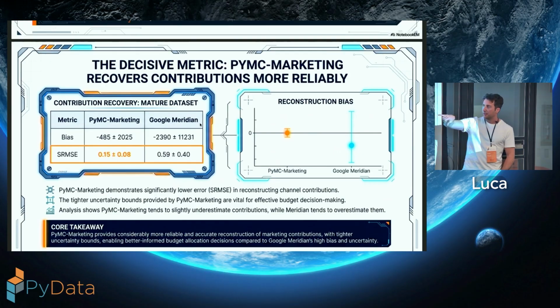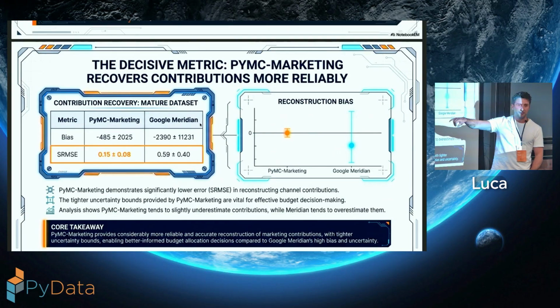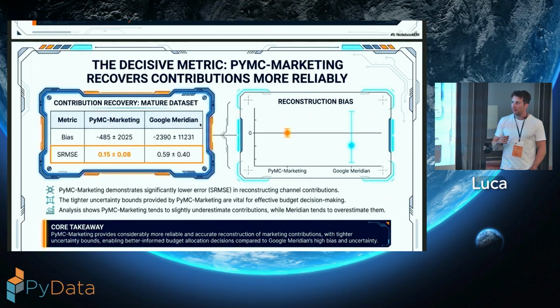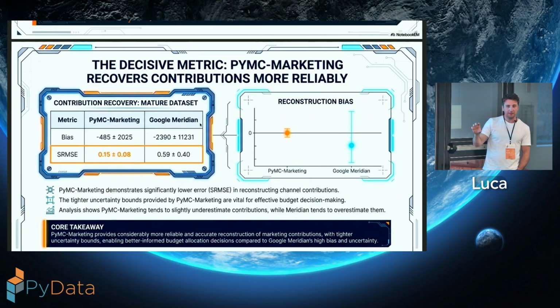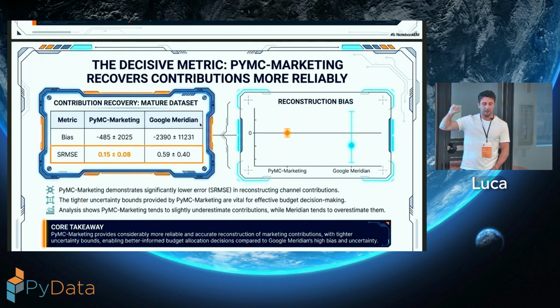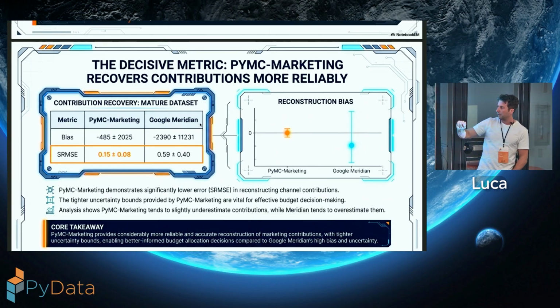Then scaled RMSE is basically the RMSE of the channel scaled by the average of the channel ROI. The reason we use that is because the channel ROIs can get to 0 sometimes, and when it's 0 you don't want to explode. That's why you use the scaled RMSE instead of MAPE.